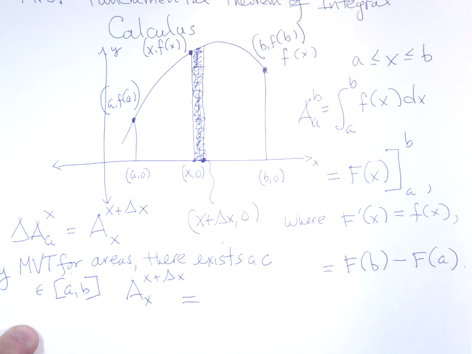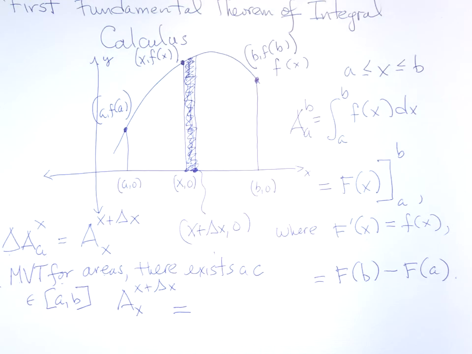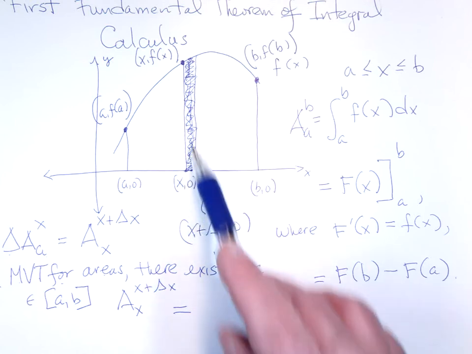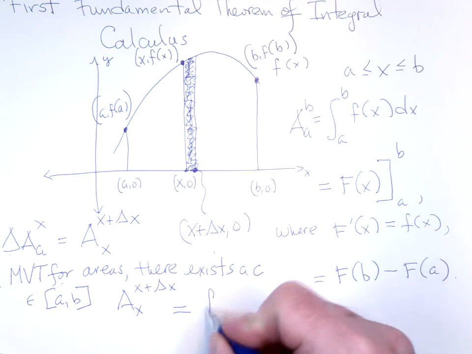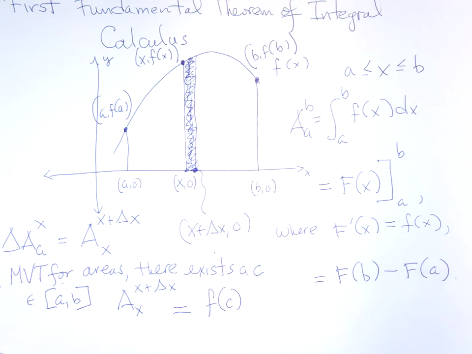All right, well, can someone come up with the right-hand side of this equation? This area right here is going to equal what in terms of that c? It would be f of c times what? Times x plus delta. Almost.